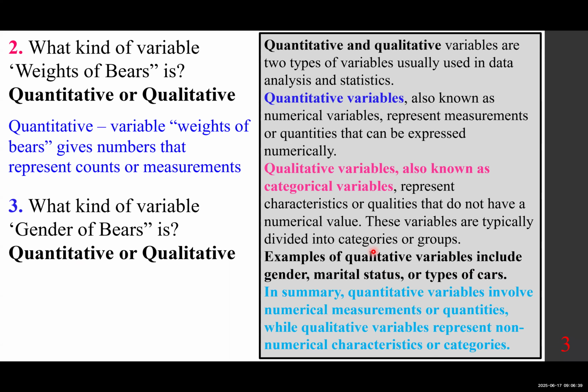Examples of qualitative variables include gender, marital status, or types of cars. In summary, quantitative variables involve numerical measurements or quantities, while qualitative variables represent non-numerical characteristics or categories. So clearly, gender of bears will fall into this category. So it's qualitative. Gender of bears is distinguished by non-numeric characteristics.